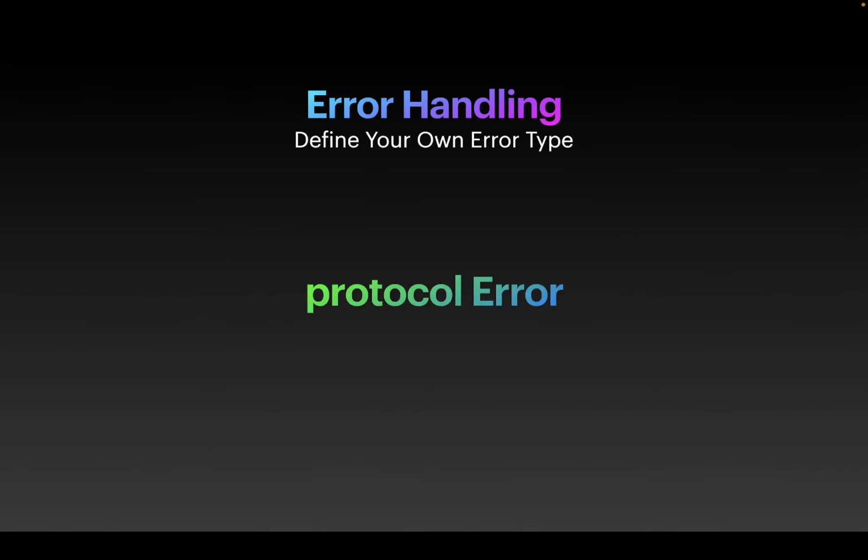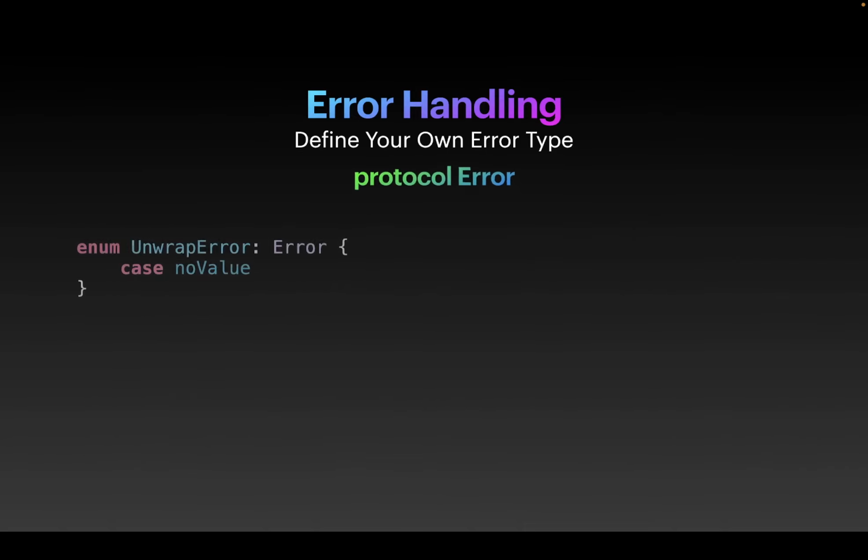Now how about defining your own error type? We're going to see a protocol named Error. As long as your data structure conforms to Error, it can be thrown. Before, we threw a generic error, an NSError. What if I want to define my own error type?